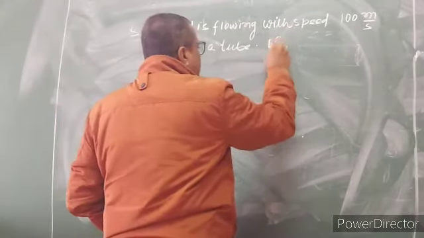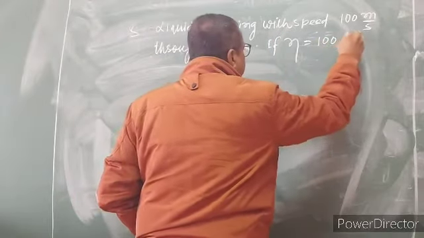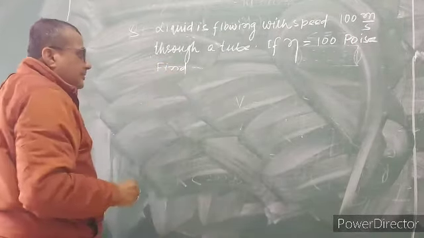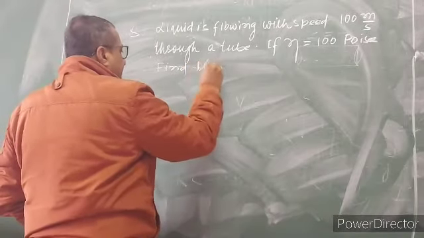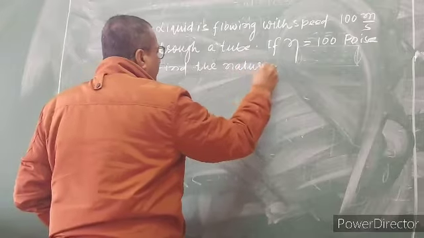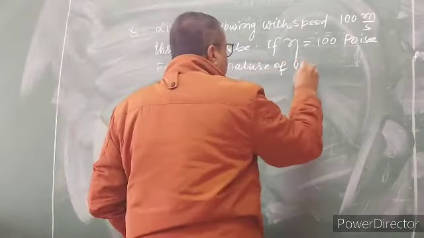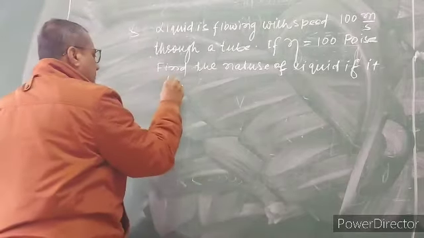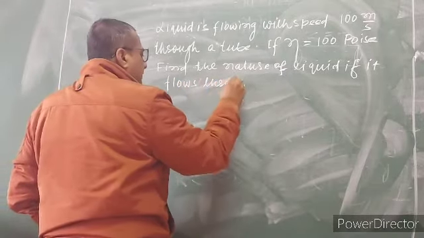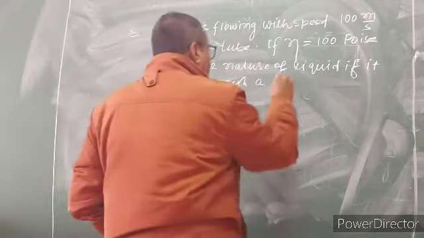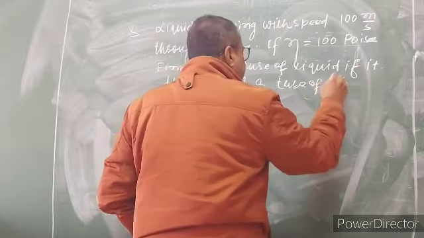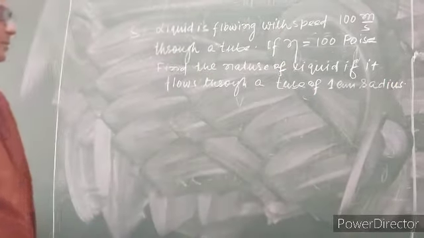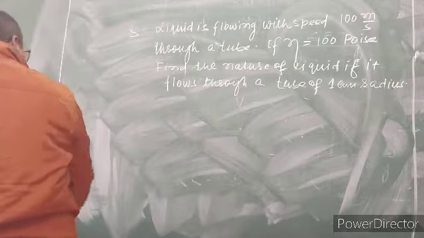If the coefficient of viscosity is equal to 100 poise, find the nature of the liquid if it flows through a tube of 1 centimeter radius. We'll discuss the nature of the liquid.